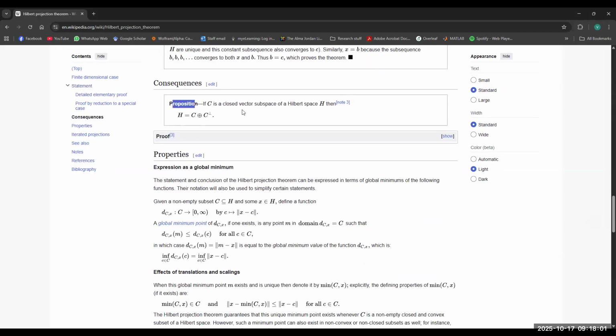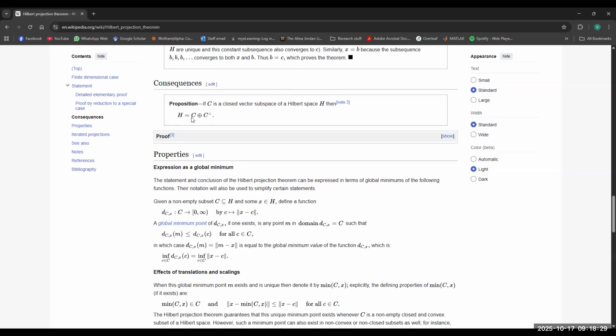If so, this proposition, if C, so they are using the letter C, is not only a subspace, but it needs to be a closed subspace. So whatever that means, you'll see later on. And the vector space, we're calling this vector space V. They are calling their vector space H for this guy Hilbert.